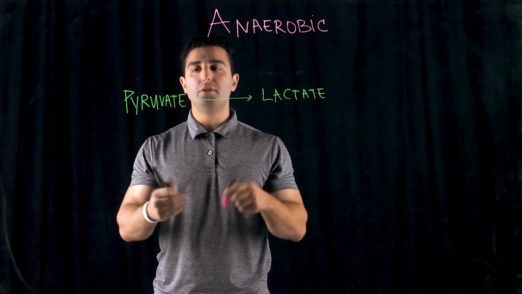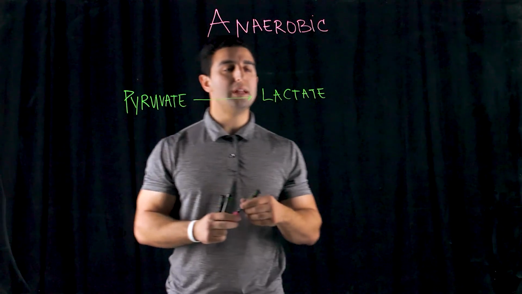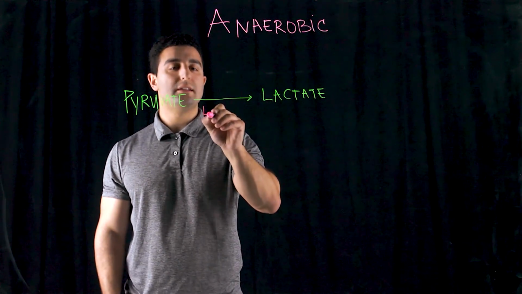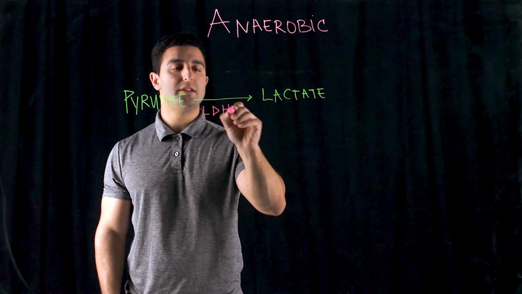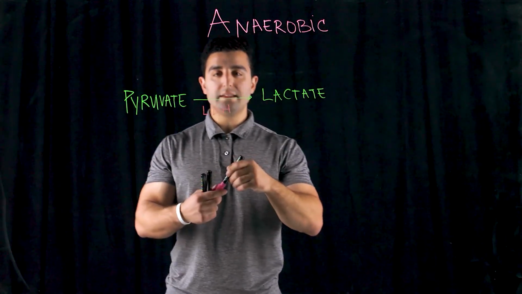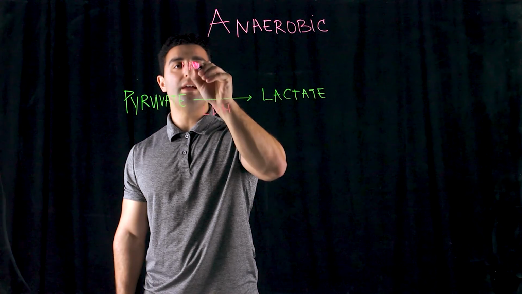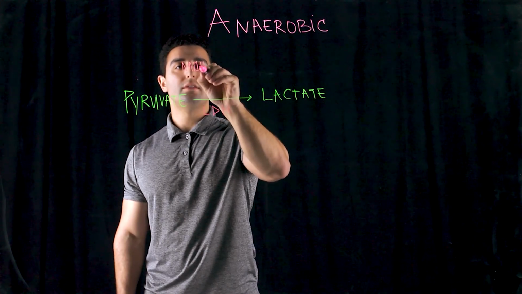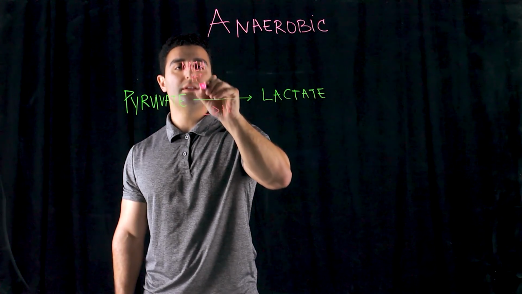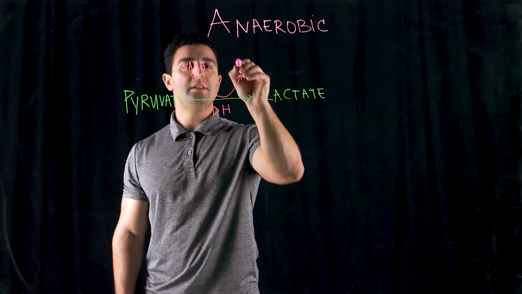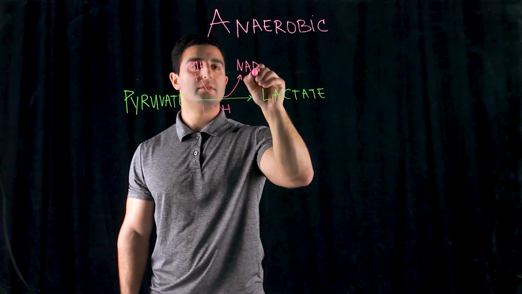The enzyme involved in converting pyruvate to lactate is lactate dehydrogenase, which converts the reduced form, NADH plus H plus, back into NAD positive.